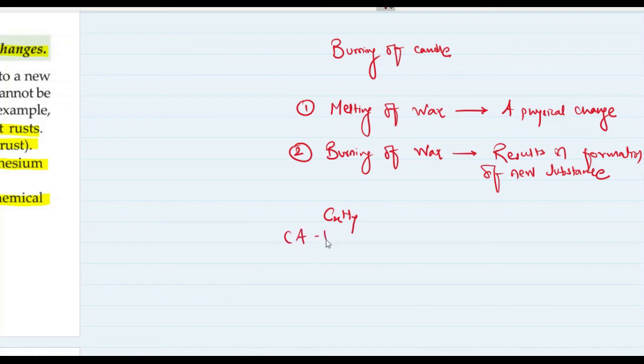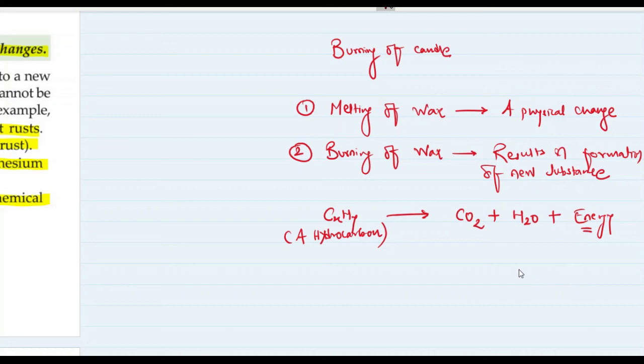Candle is a hydrocarbon. So this wax from the candle burns to produce carbon dioxide, water vapor, and energy in the form of heat and light is evolved. Not a lot of energy, but yeah, a substantial amount of energy.